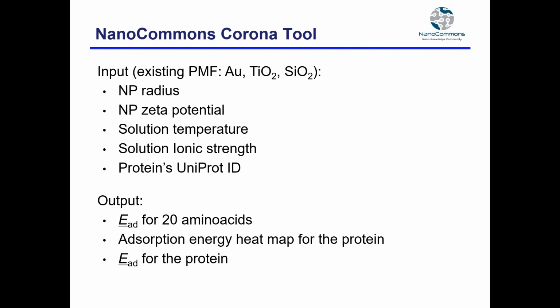But the procedure is essentially the same. We didn't do it for solid materials like gold or silica, but the procedure as I described is the same. Simply the difference is that the material surface will be modified by those small organic molecules, and then the potential of mean force will be calculated.